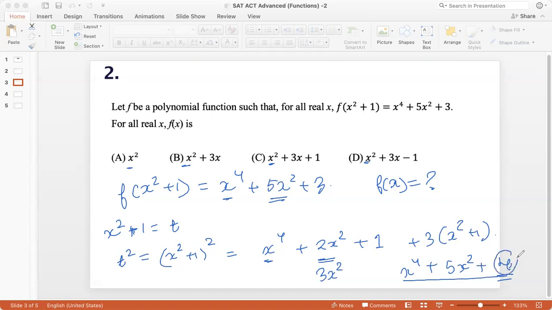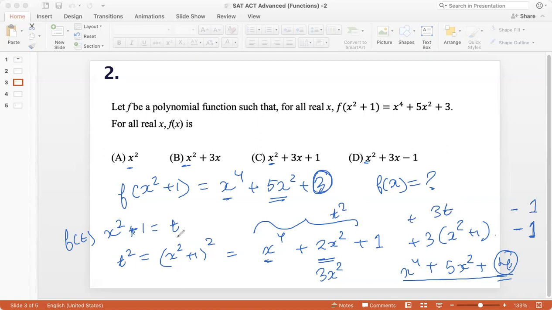But actually, I don't want 4. I want 3 in my final answer. So I will have to add a negative 1. So what does my expression of f(t) become? It becomes t^2 + 3t - 1.